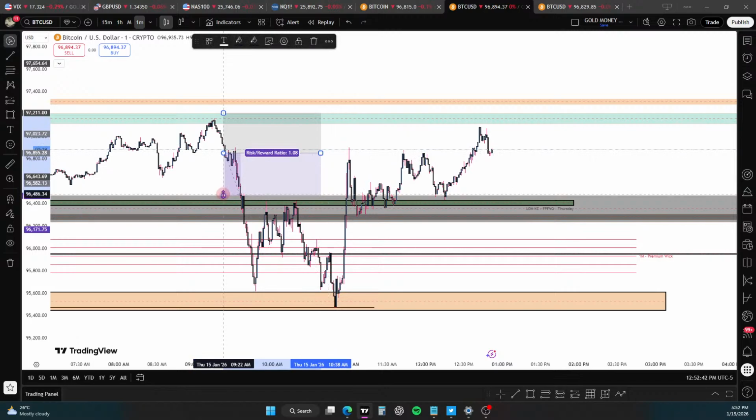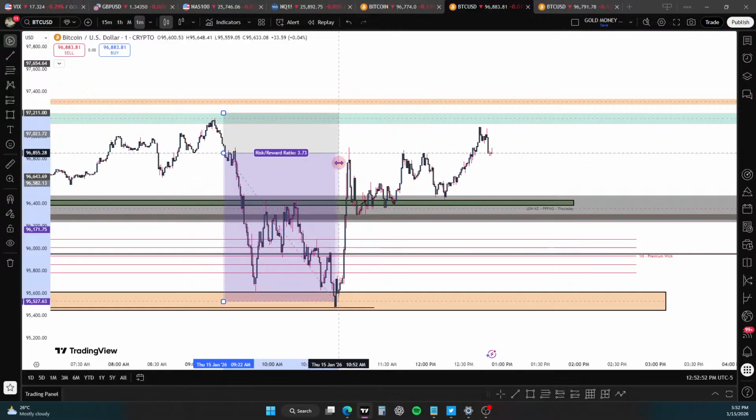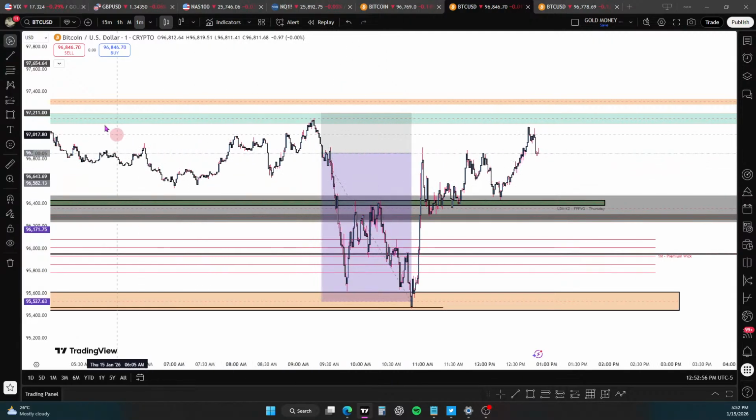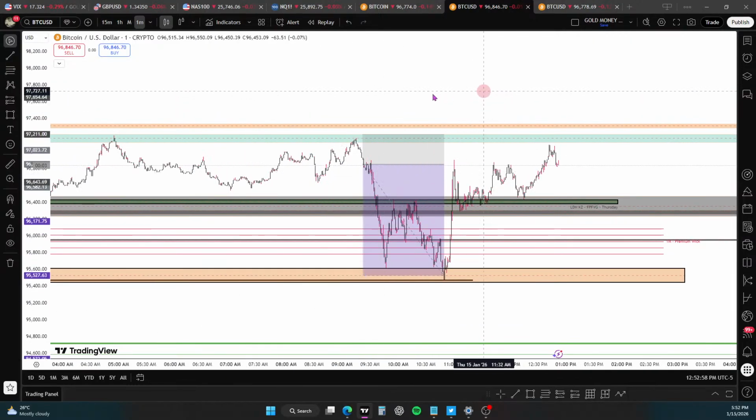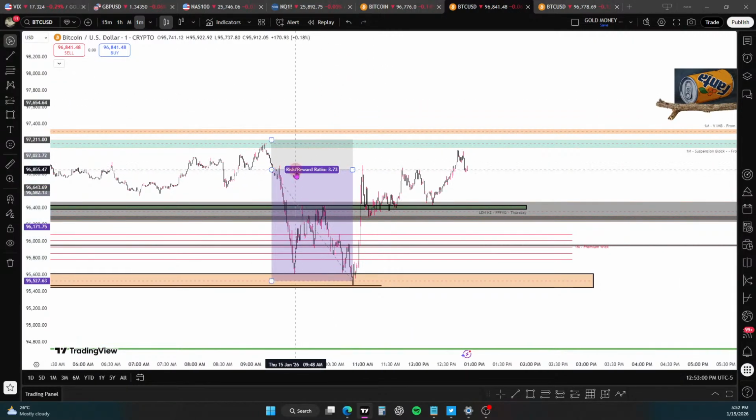But you can see price offered me a beautiful piece of algorithmic delivery. And what price did next is the most beautiful thing, because my TP is a phenomenal entry for buys. So look at that.